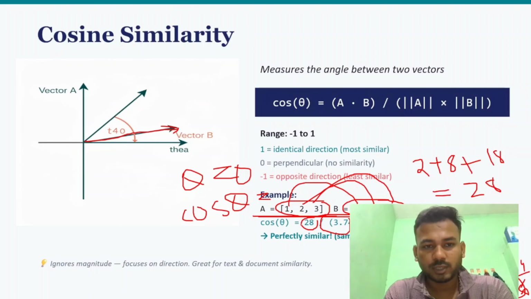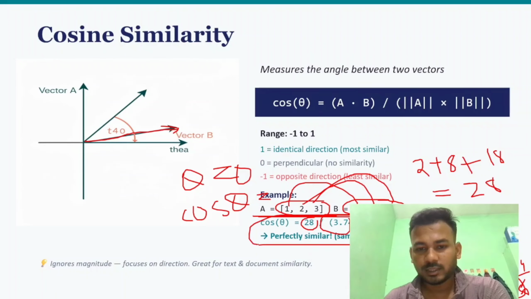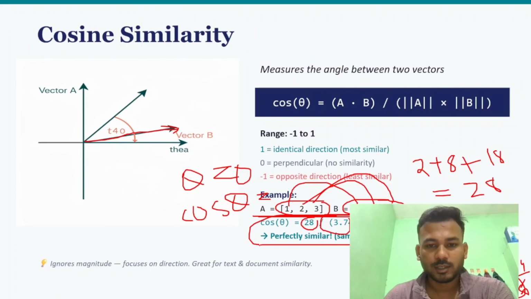When the theta value is 0, the angle between the two vectors is 0, which means the vectors are perfectly similar. When I say perfectly similar, it doesn't mean that it carries the same meaning. It's perfectly similar in terms of direction. It doesn't care about the magnitude. It only cares about the direction.